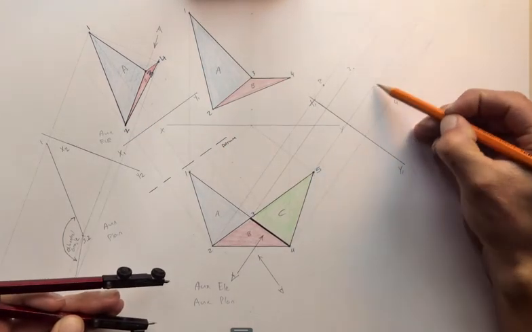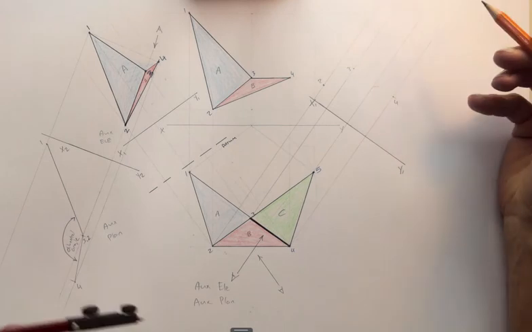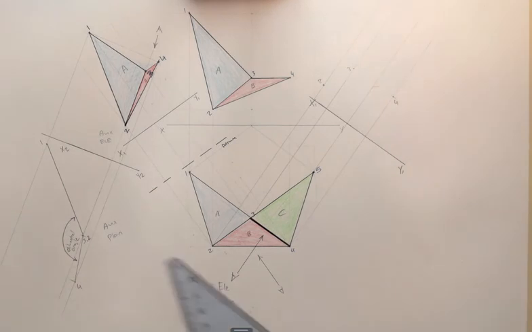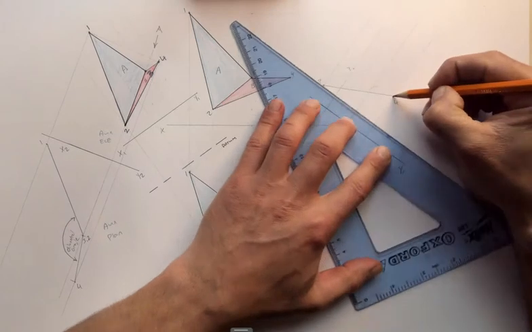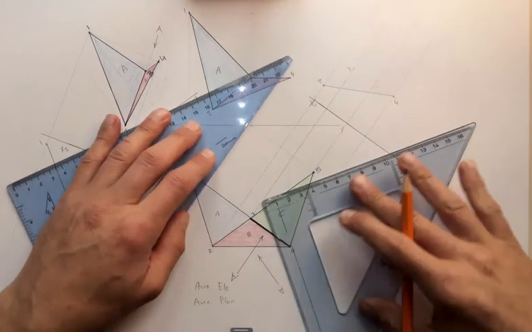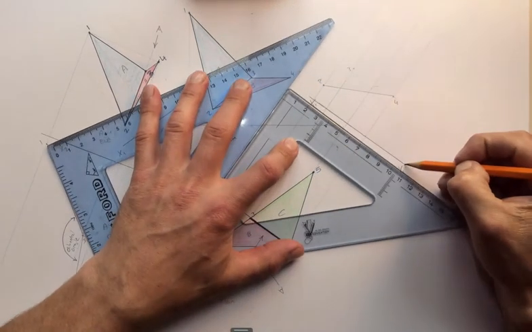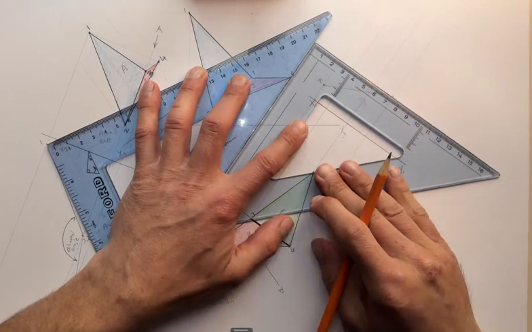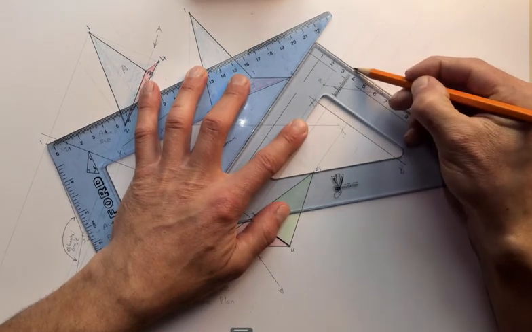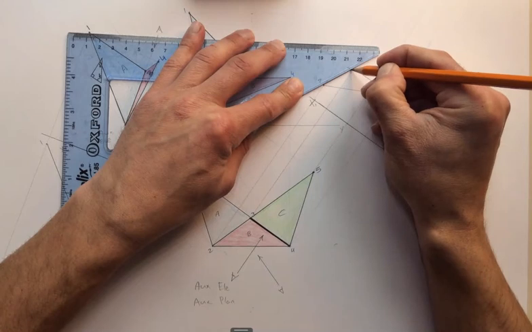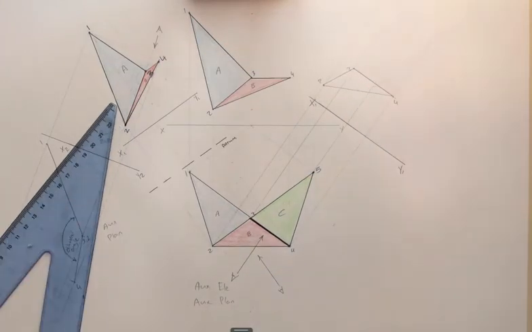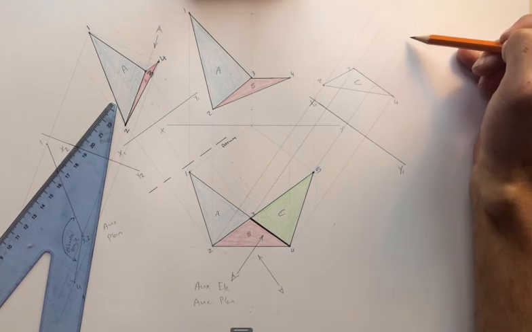I've projected out point 5, but I don't have a height for it, so I can't draw it in as of yet. I can draw in surface B, and again line 3, 4 is horizontal, so make sure it's parallel to the XY line. That is my surface C drawn, but I'm obviously missing point 5.